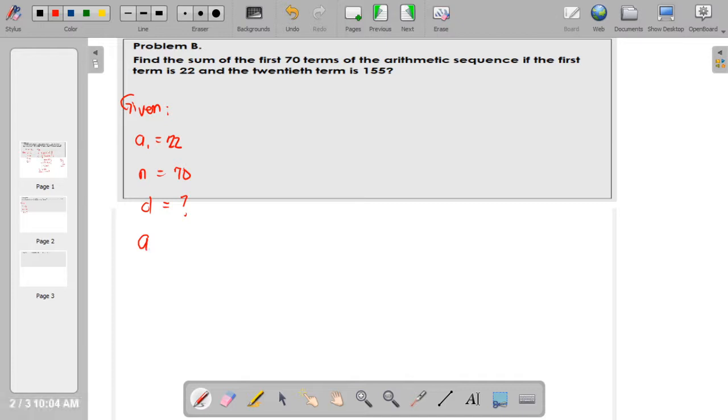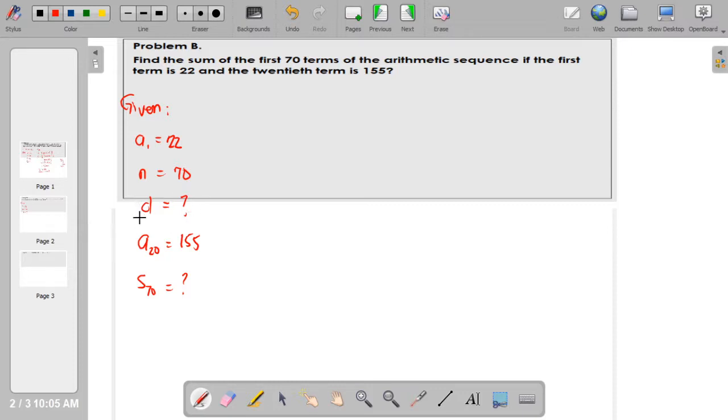Our 20th term should be our a sub 20, which is 155. We're also going to find the S sub 70, or the sum of the first 70 terms. Now, we cannot get the sum of the first 70 terms yet because we do not have the components.